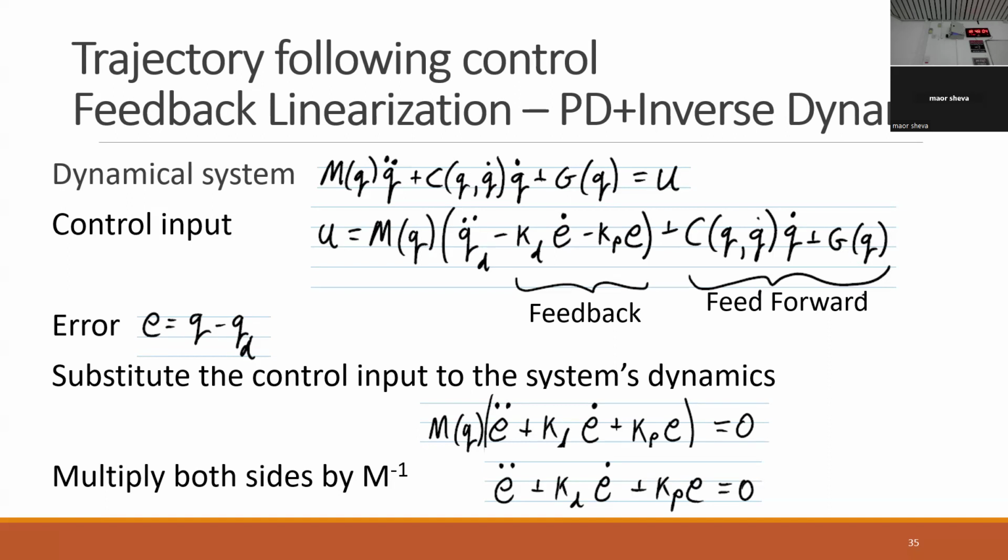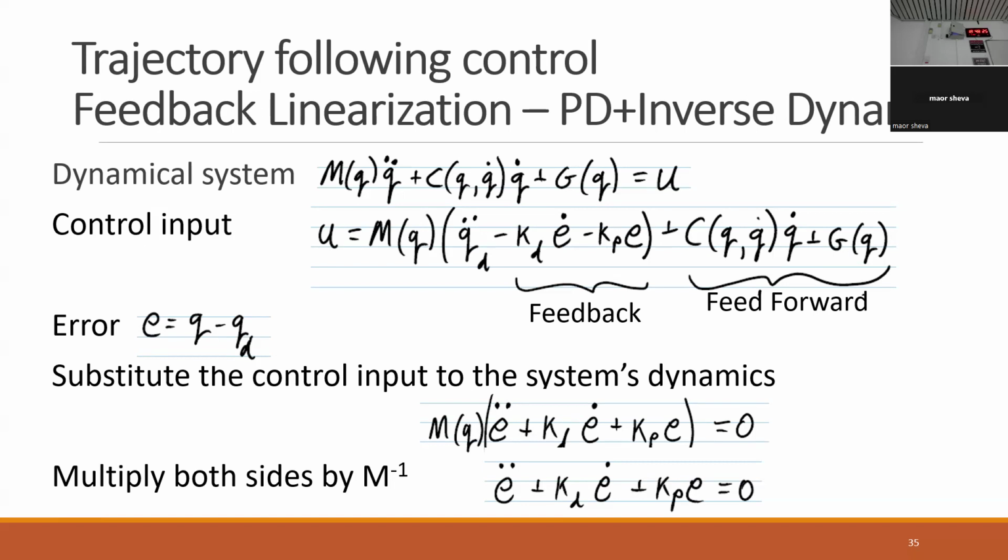Here, this is the feed forward. So I kind of expect what to do and then give another boost to the input in order to get to the desired trajectory.